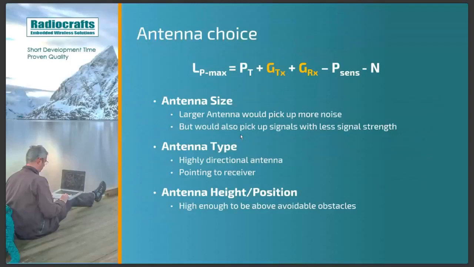If you are focusing on product design and having a small hidden antenna inside the product, you may have less radiated output power, and that will reduce your range compared to an external antenna, for instance, which is not that sexy from a design point of view, but gives you a better range.